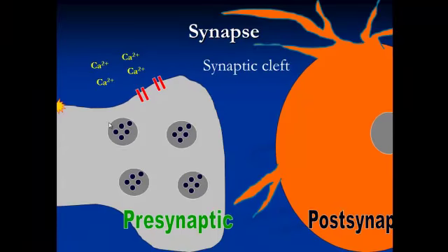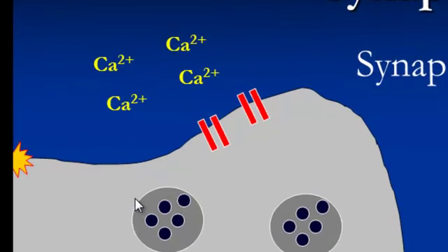Now, when the action potential comes down, depolarization, repolarization, it gets to some new ion channels, voltage-gated ion channels. These voltage-gated ion channels are calcium. They allow calcium to come in. And calcium plays a big role in causing the vesicles with the neurotransmitters to fuse with the presynaptic cell and spit out their neurotransmitters.